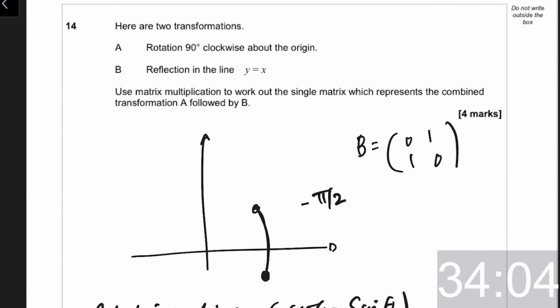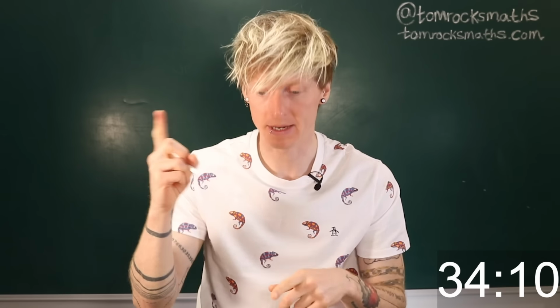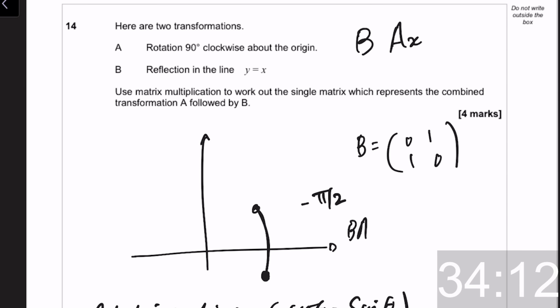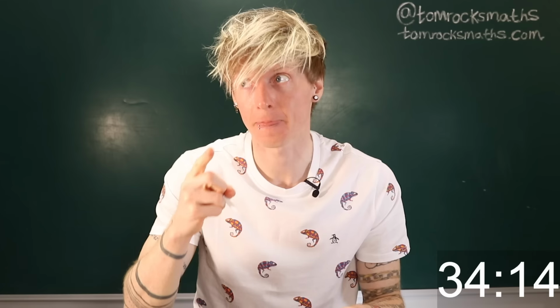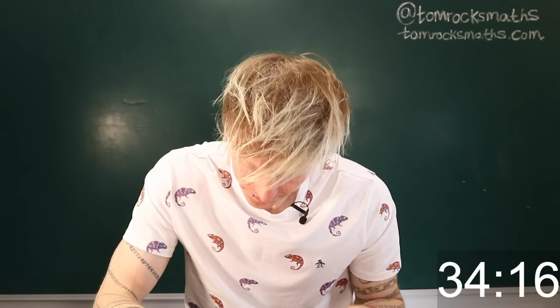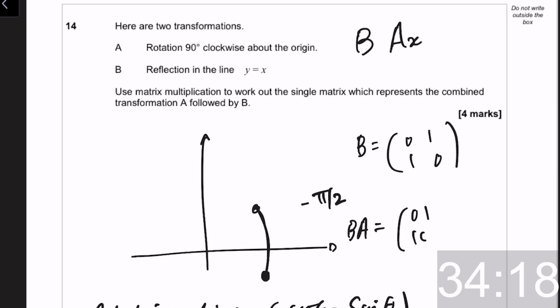Now, when we apply these, we want to do A first, so we want to input a vector x, apply A, and then apply B. So I want B times A. Okay, so BA is the matrix I want, because then A is first and then B. Good. So that's going to be 0, 1, 1, 0 times A, which is 0, 1, minus 1, 0.